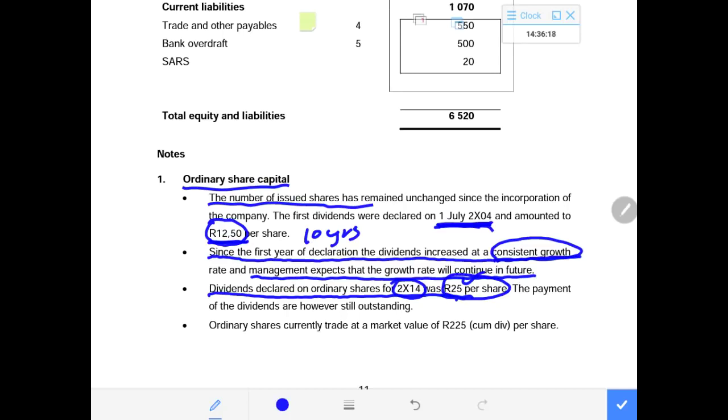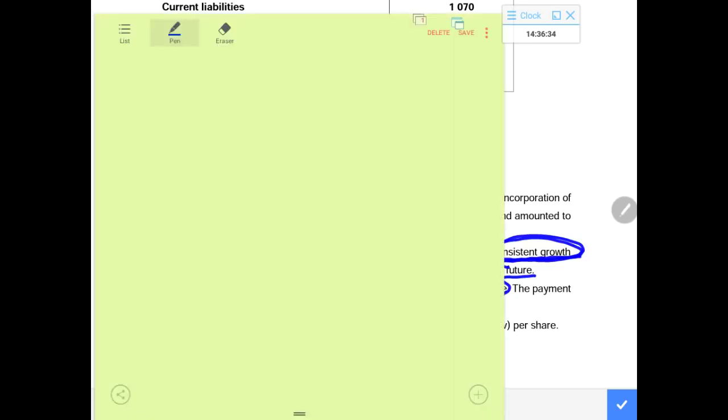So now, remember, we are told that the dividends have been increasing at the same or constant rate. So we might be concerned, at what rate were these dividends increasing? Now we can easily do that calculation where we calculate the growth rate of these ordinary dividends. We know that present value, meaning 10 years down the line, these dividends were declared at 12 rand 50 cents.